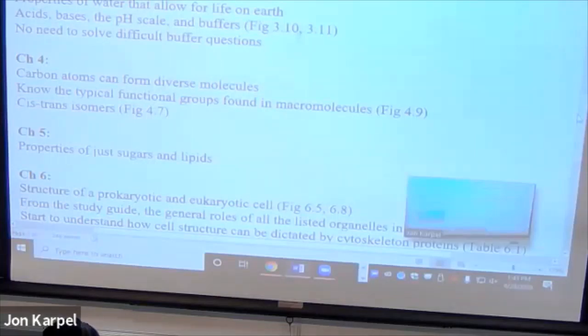You should know glycosidic bonds are the bonds between sugars. That's all you really need to know. Each sugar will have a glycosidic bond between it on the polymer, right? And then dehydration and hydrolysis. All you need to know right now is that one forms polymers and one breaks polymers down. If you can't remember, try to remember hydrolysis.